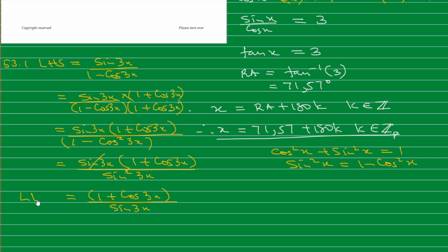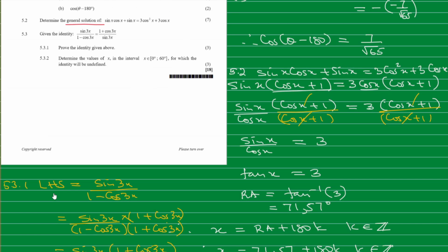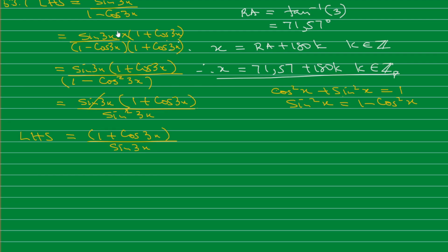So this is our left hand side that we have simplified and manipulated to that stage, which is then equal to our right hand side, 1 plus cos 3x over sine 3x. Therefore the left hand side is equal to the right hand side, which proves our identity.